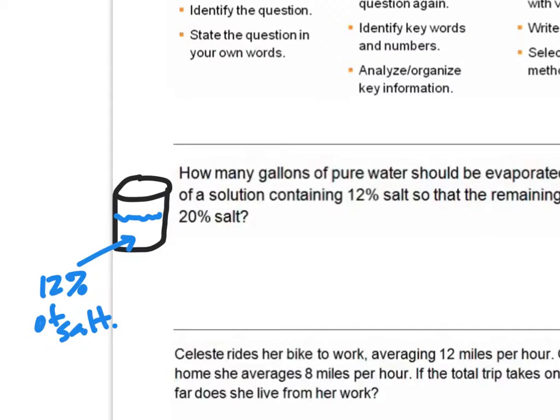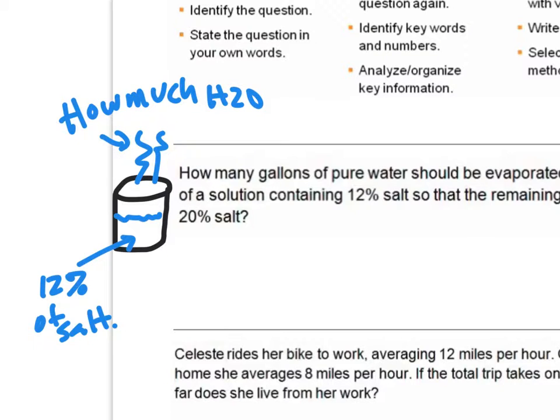It's going to evaporate. Water will evaporate out. The question is how much water, how much H2O needs to leave to get 20%. So we're trying to figure out how much water needs to leave.